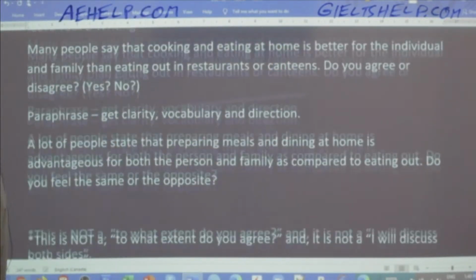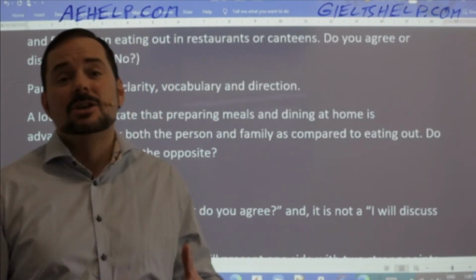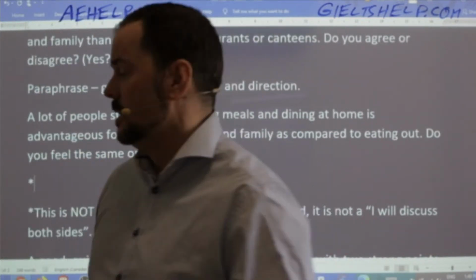So again, just a reminder for all of you who have learned bad information about IELTS and about writing. It's not just IELTS. You've learned bad information about writing, okay?